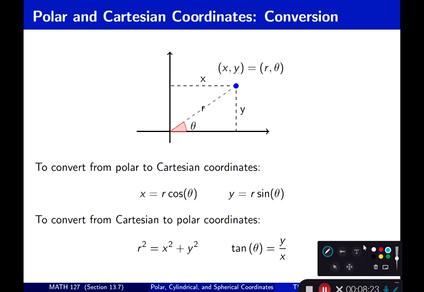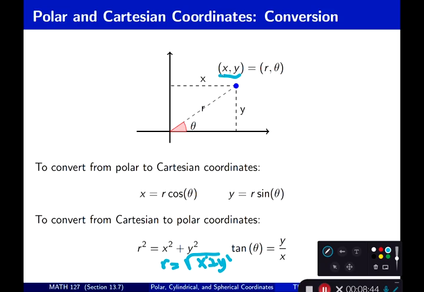If I have the Cartesian and I want to find the polar, r squared is equal to x squared plus y squared, so r is going to be the square root of x squared plus y squared, right?